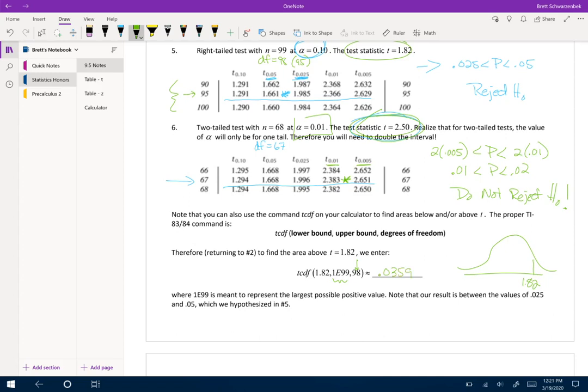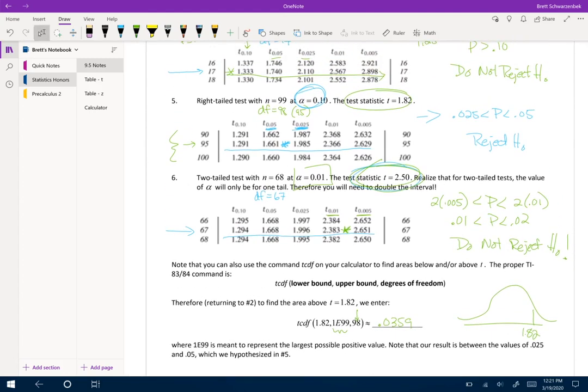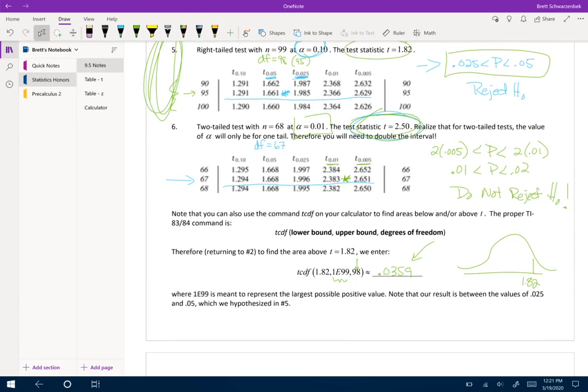So again, if you go back, number 5 was actually the problem that mimicked number 2. So remember, we actually concluded that the p-value is between 0.025 and 0.05. Well, now we know what it exactly is, 0.0359 using our TCDF. So you already know how to use normal CDF, so this shouldn't be a big jump, but that's basically what you'll be doing in terms of trying to find the p-value for a test statistic of t.